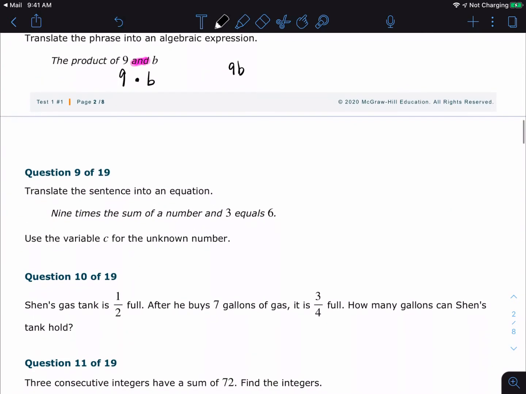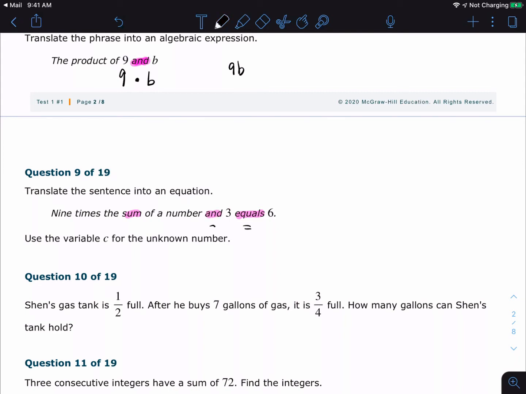Okay, for number 9, it's asking us to translate it, right? And so some important words. Equals, I'm going to put an equal sign, right? Sum is telling us to add. What do we add? We add at the and.